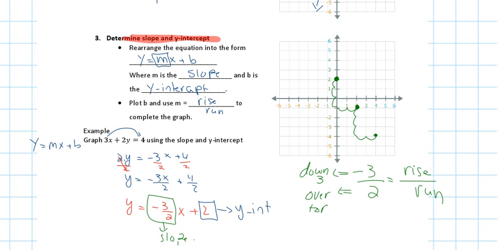Okay? Down 3 to the right 2. So I take my point and I go 1, 2, 3, and then 2 to the right. And this is where I'm going to stop. Okay? So if I join these, that forms a straight line, doesn't it?